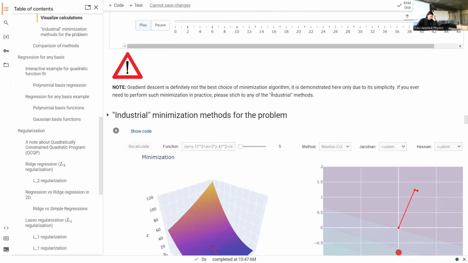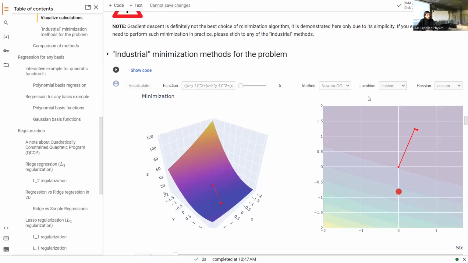But if you need to perform such a minimization in practice, please use some more, let's say, industrial methods of minimization.